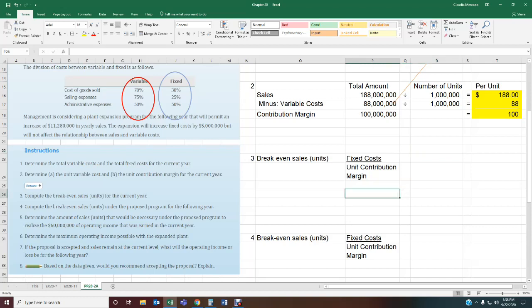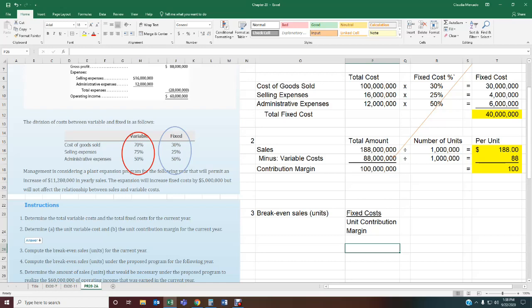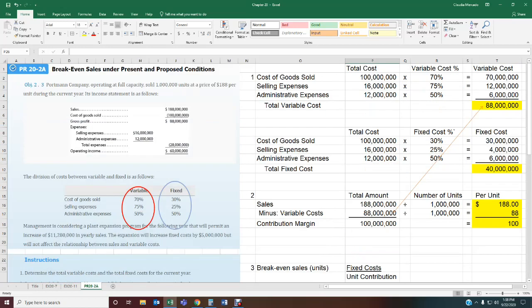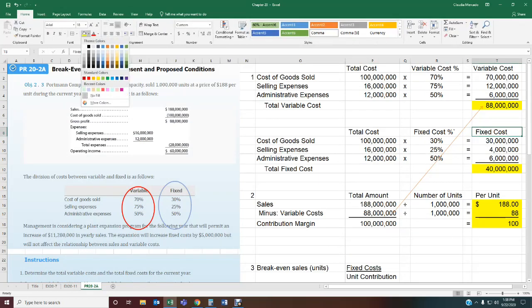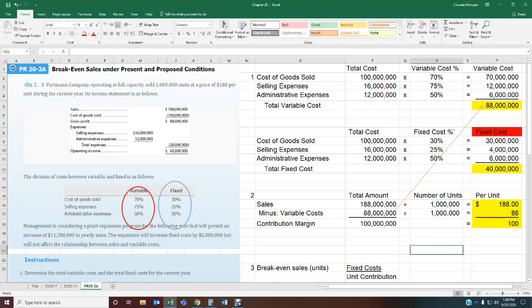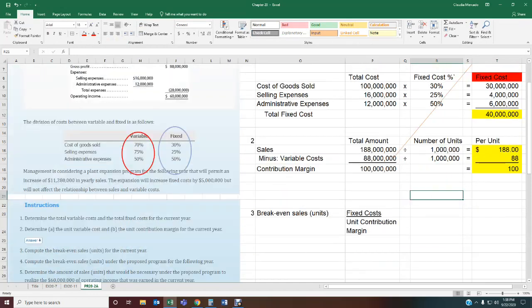My fixed cost, which one are we doing? Number 3. Your fixed cost right here, that is your fixed cost. You had 40 million in fixed cost.